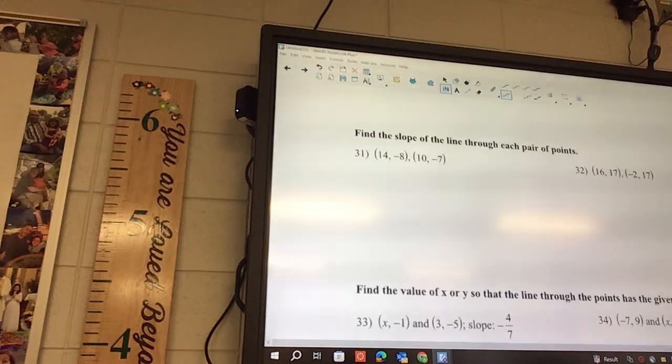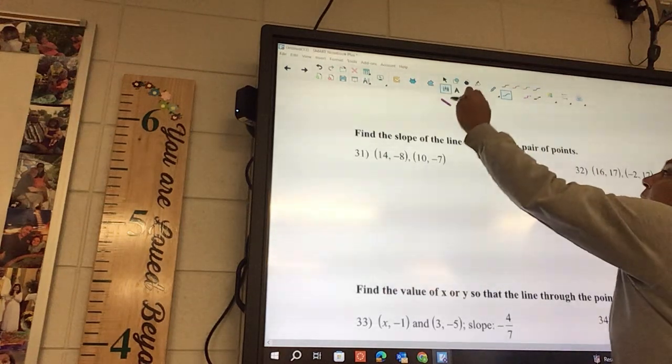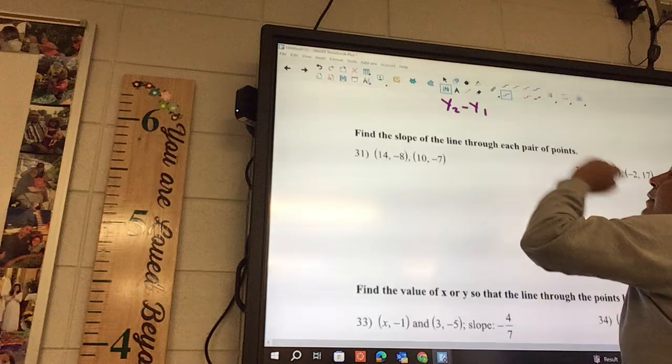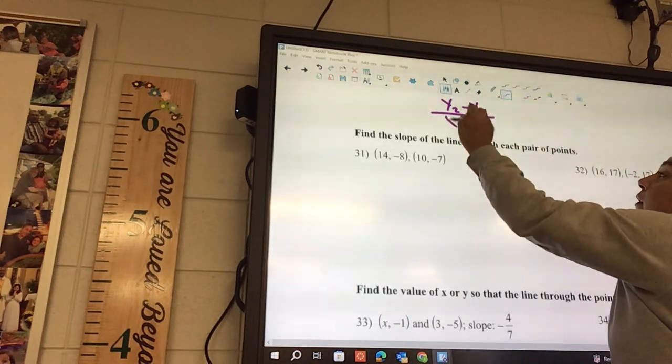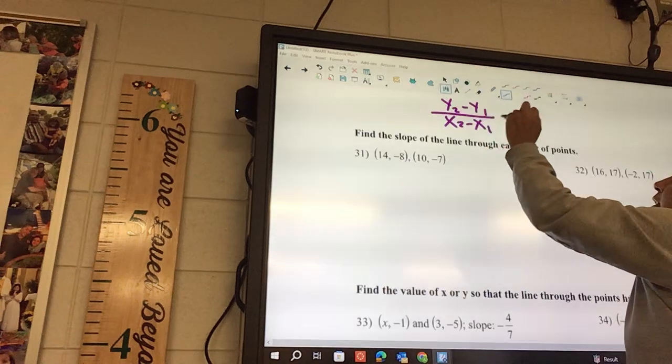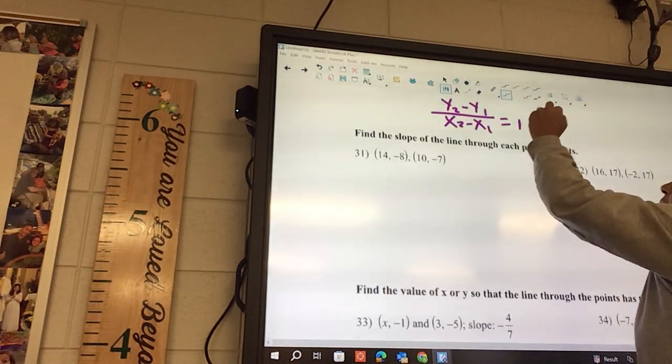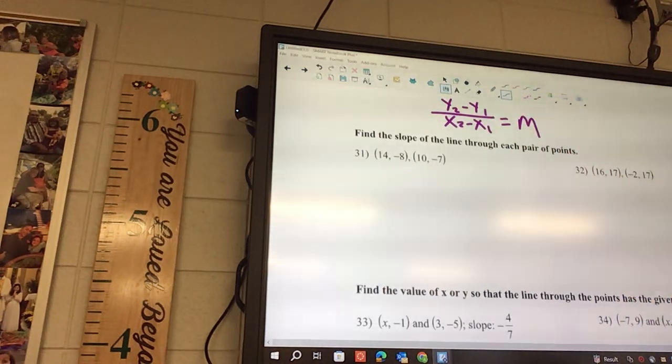Okay, find the slope. What is the slope formula? y2 minus y1 over x2 minus x1 equals what? m. Okay, so we can go ahead and label.